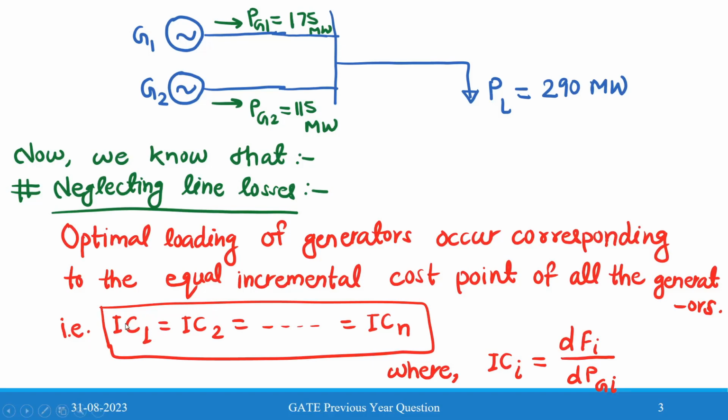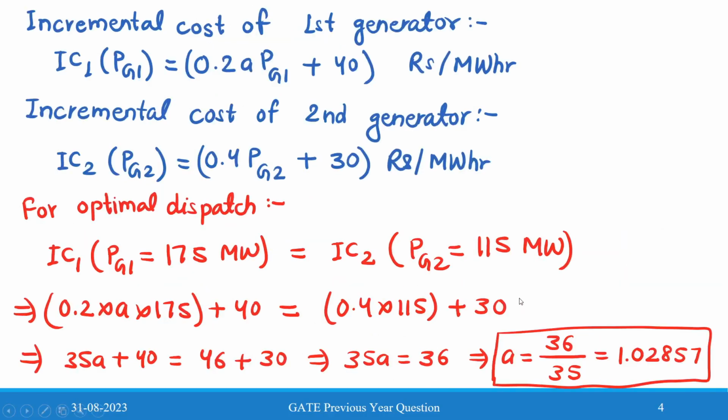That is, IC1 equals IC2 and so on up to ICN, where ICi is the derivative dFi by dPGi. The incremental cost of the first generator is found by differentiating the fuel cost with respect to Pg1, giving 0.2 a Pg1 plus 40 rupees per megawatt hour.